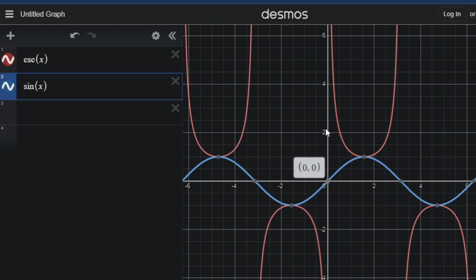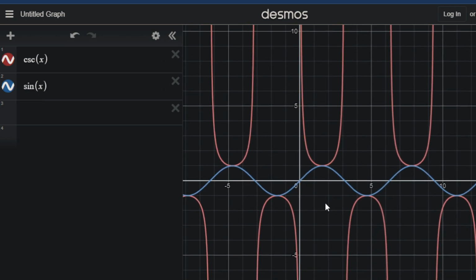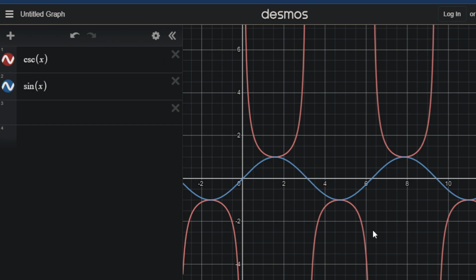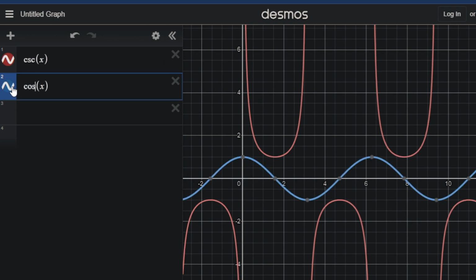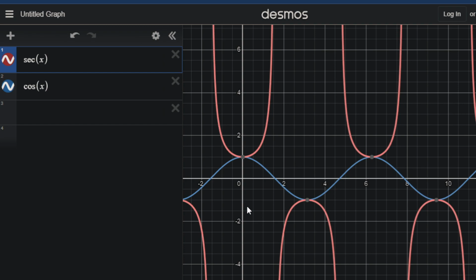They look like alternating parabolas. They don't get a lot of use, but they're interesting to look at, since they're the reciprocals of the sine functions. And then same thing with the cosines and the secant functions, right? Pretty much the same thing, just move everything over a little bit.